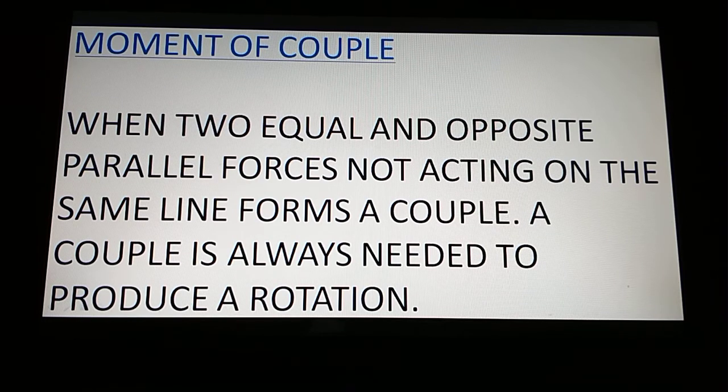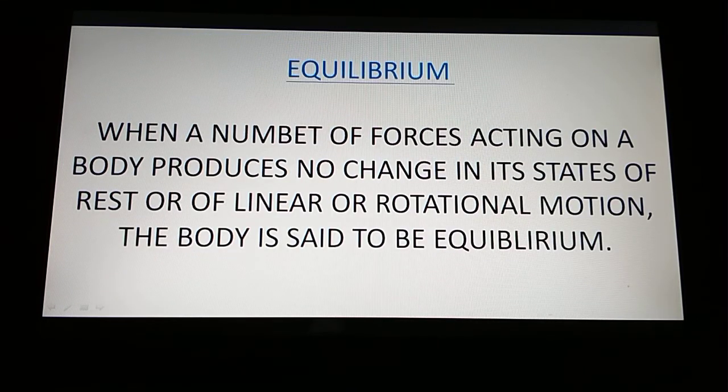When two equal and opposite parallel forces not acting on the same line form a couple. A couple is always needed to produce a rotation. Equilibrium: when a number of forces acting on a body produce no change in its state of rest or of linear or translational motion, the body is said to be in equilibrium. It means the forces acting on the body produce no change in its state of rest or motion; that is called equilibrium.